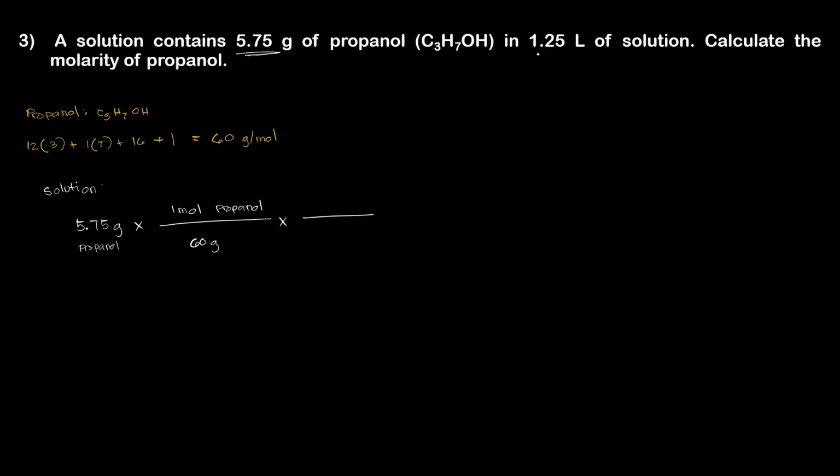And we were given the volume of the solution, which is in liters, 1.25 liters. Okay, now we can cancel the grams and we're left with mole per liter, which is molarity. And using your calculator, the concentration would be 0.0767 molar. So that is the molarity of propanol.